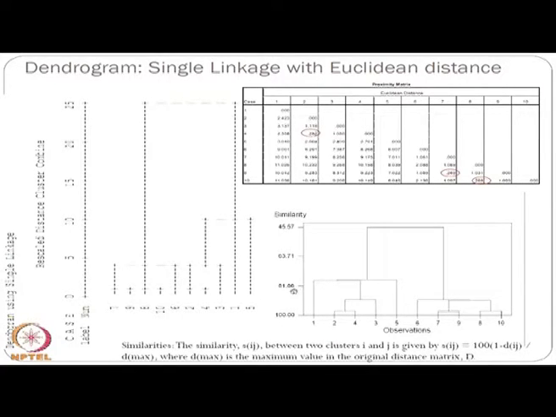That means at 81.86% similarity level, you can keep 4 clusters. From the dendrogram, you are able to find these 4 clusters. But if you are not happy with 4 clusters, you may want 2 clusters. Where are 2 clusters formed? This is the case. And if you want 1 cluster, this is the case, that is 45.57.